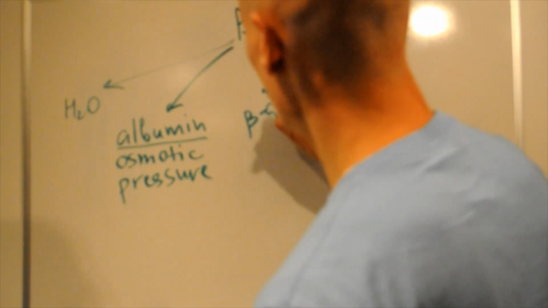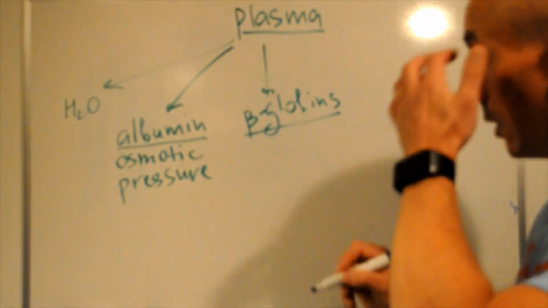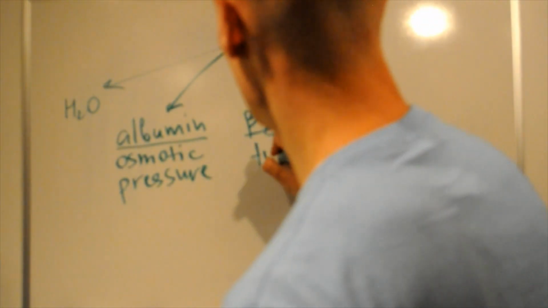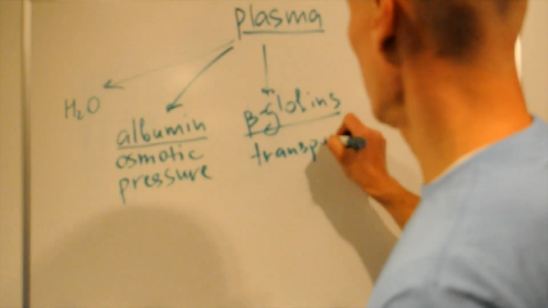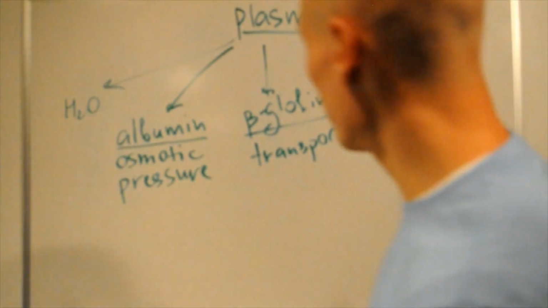That's the protein that maintains osmotic pressure. Beta globins are responsible for transport, mostly of the lipid soluble molecules.